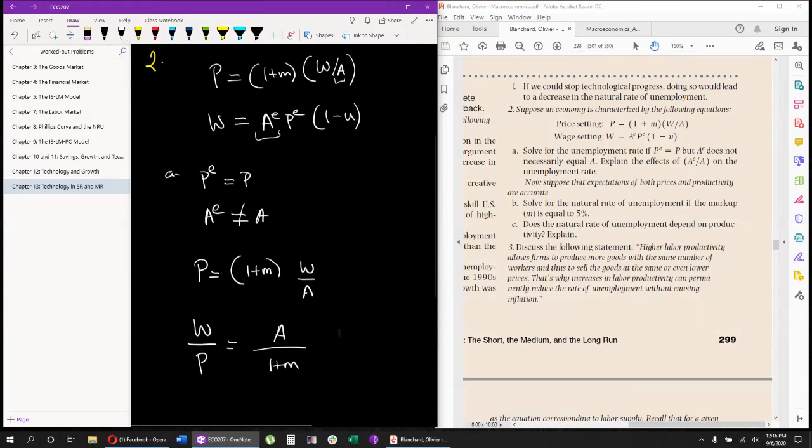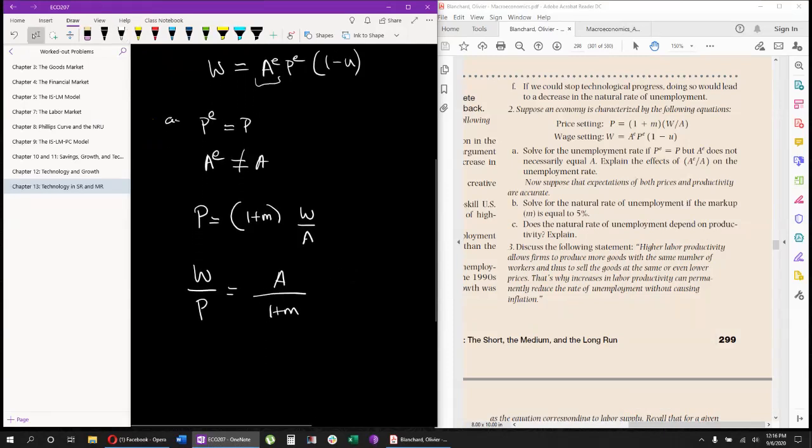That's the price setting relation. And now we move on to the wage setting relation. Remember, we've been told that P is equal to expected price. So therefore, from that relationship, we get W by P is equal to expected technology times 1 minus U. U is, of course, unemployment.